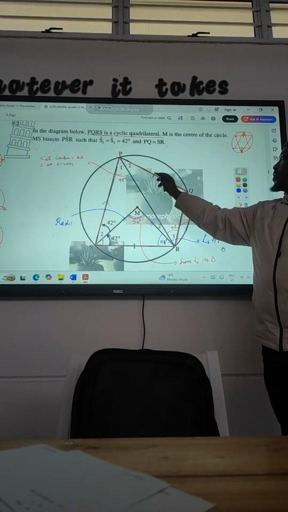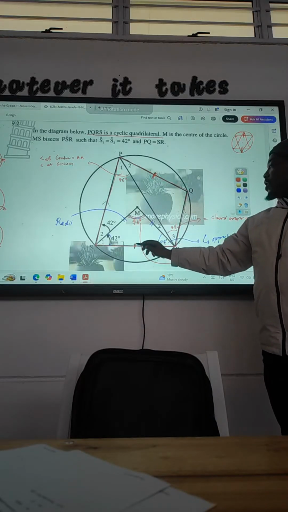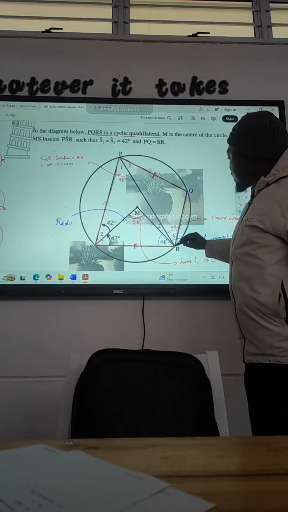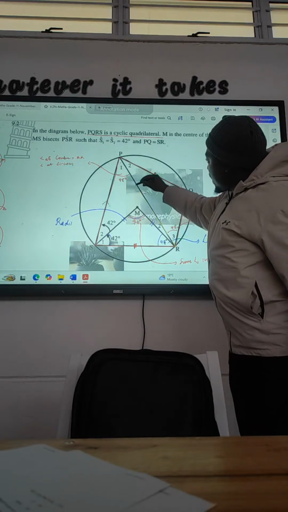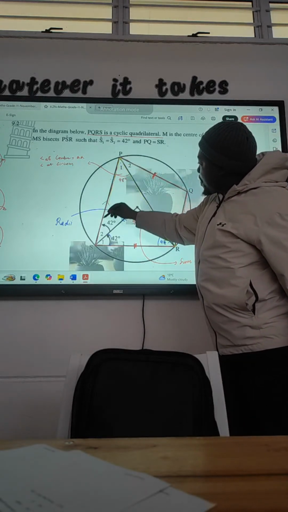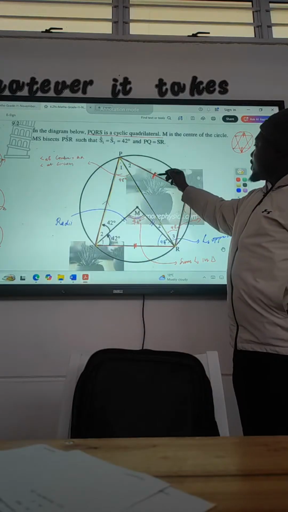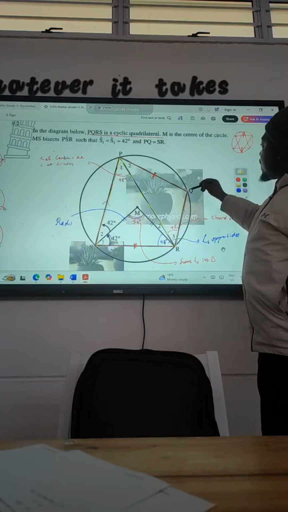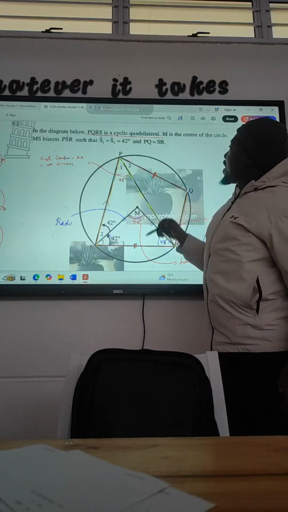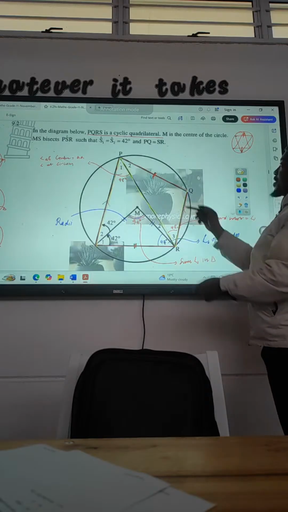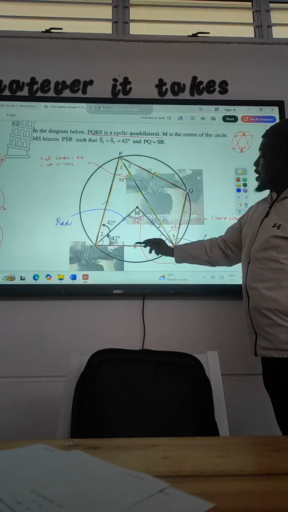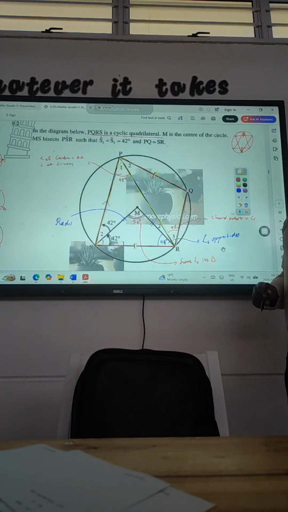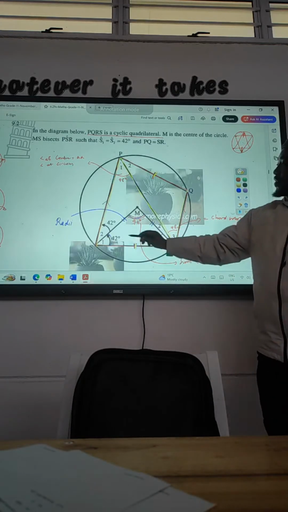This chord and this chord are equal, and this chord is subtending this angle, and then this chord is also subtending this angle. The reason why I'm saying that the angles will be equal is because we are told that this chord is equal to that chord. And then this will give us 48. Is there anything else?